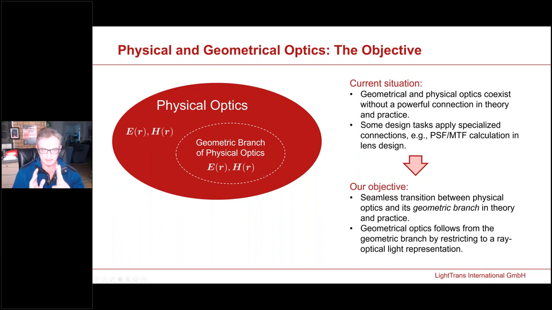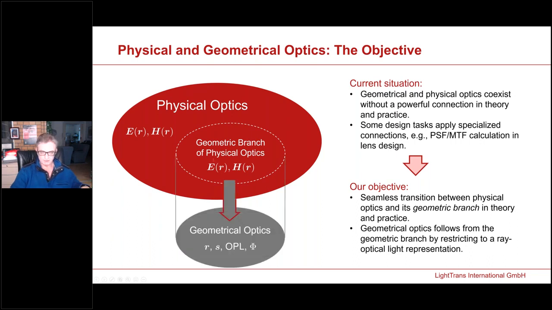What we expect when we have this kind of thinking, that's not a proof, but that's just an expectation. It's a hope. That the geometrical optics itself follows from the geometric branch of physical optics by restricting to ray parameters. So it means the thinking of ray optics as a subset of physical optics is replaced by saying you're looking for a geometric branch of physical optics.